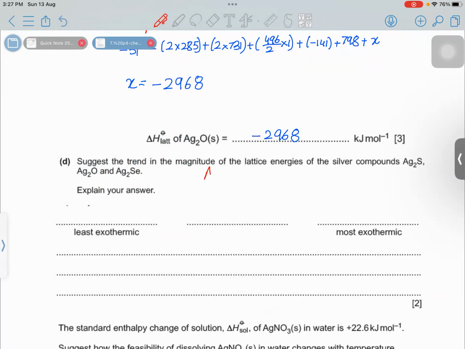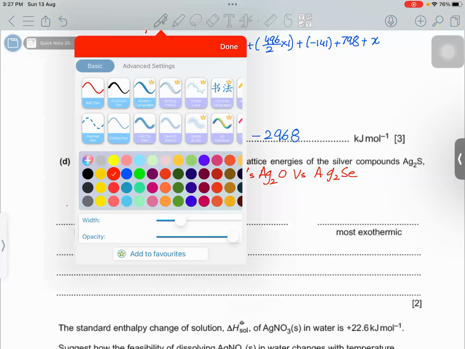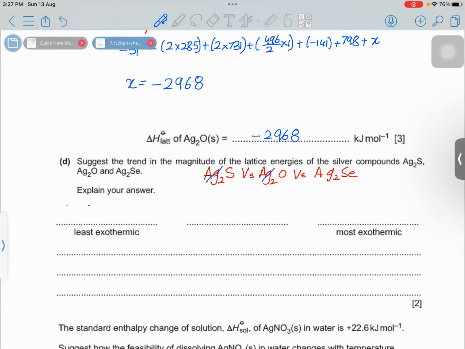Now you have Ag2S, Ag2O, Ag2Se. Now look at the periodic table. Which element is cancelled out? Silver. So sulfur is -2, oxygen is -2, selenium is also -2, right?